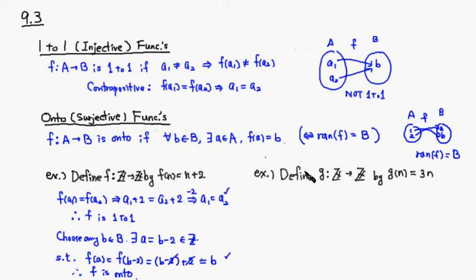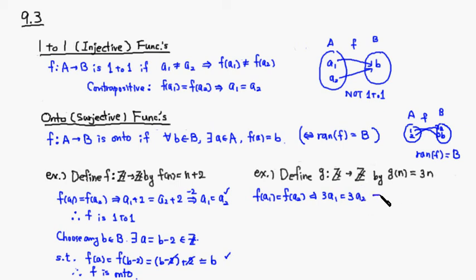Right? Let's look at the next example. All right, so the function is 3n. It's a function g from the set of all integers to the set of all integers. All right, so let's check. Assume that f of a1 is equal to f of a2, which means that 3 times a1 equals 3 times a2.